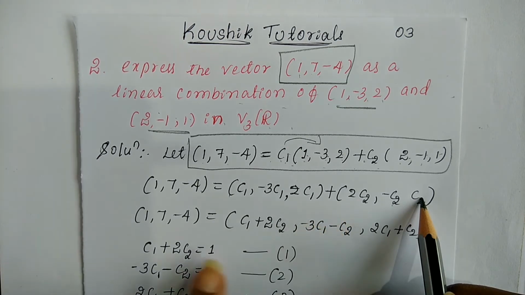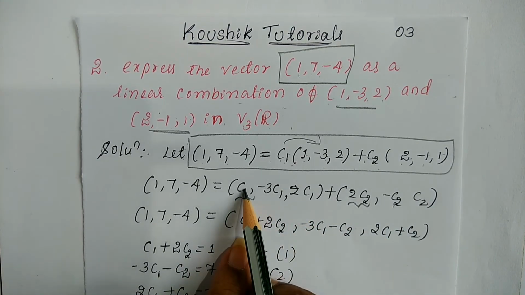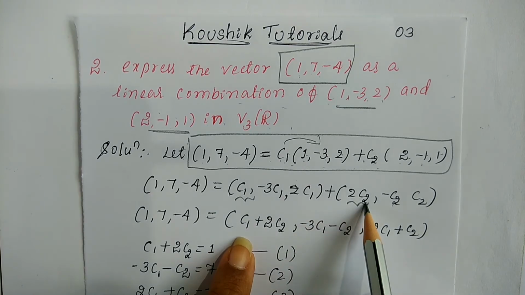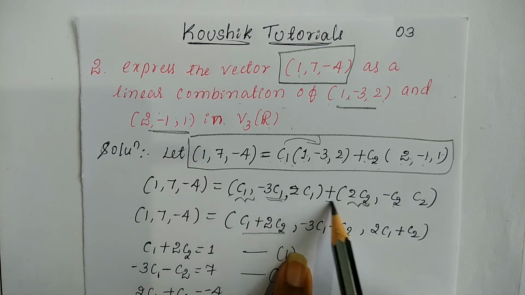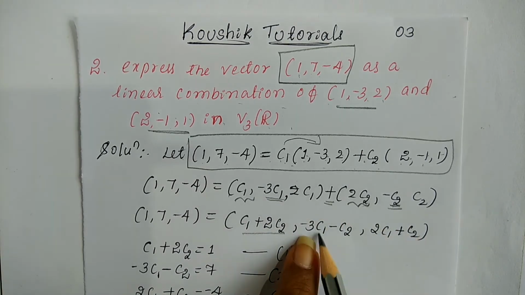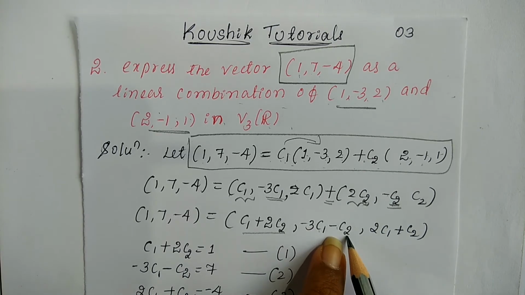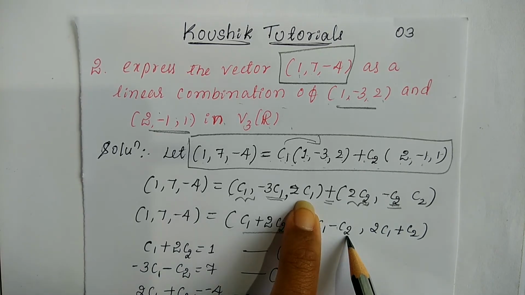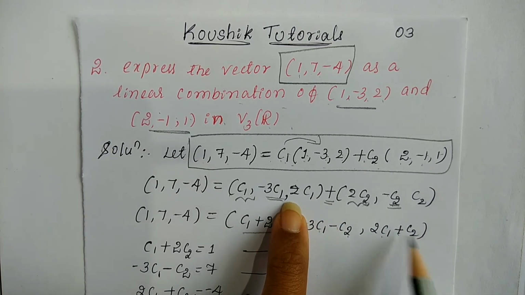Is it okay? So now, first adding this, C1 plus 2C2. Next, minus 3C1 plus minus C2, that is minus 3C1 minus C2. And last, 2C1 plus C2.